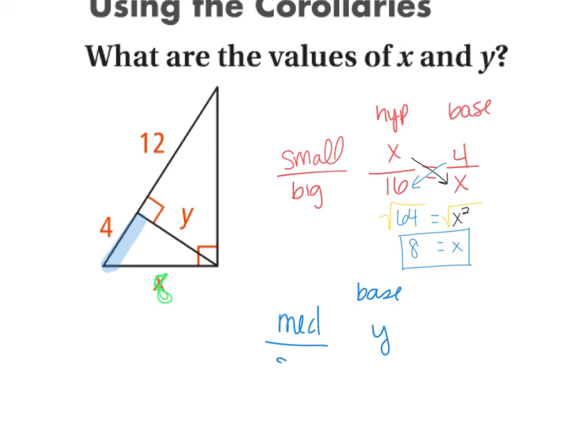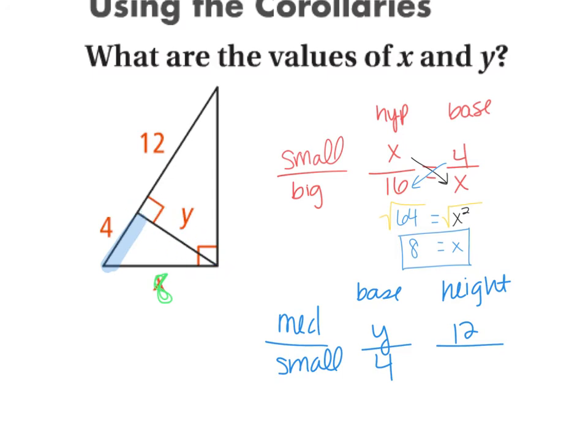The base of the small is 4. What else do they give us on this medium triangle? They give us the height of the triangle, which is 12. So we're going to use the height, which is 12, and then the height of the small triangle, which would be right here.